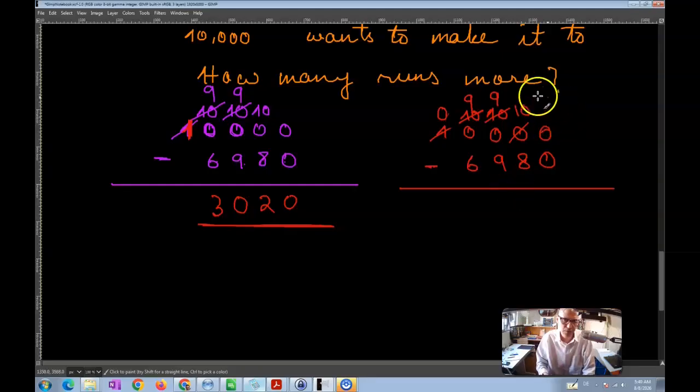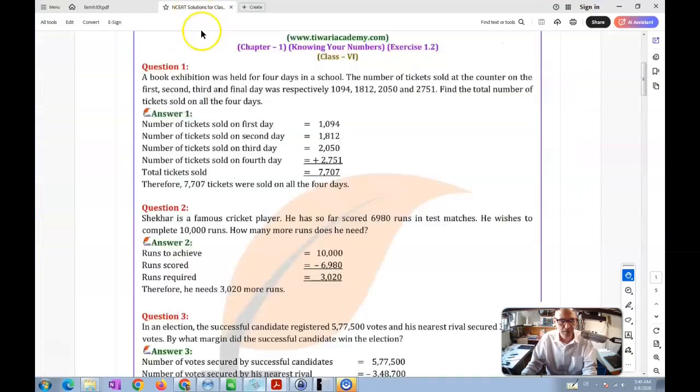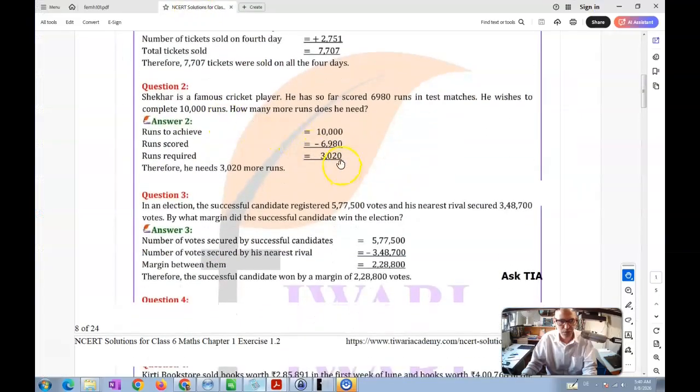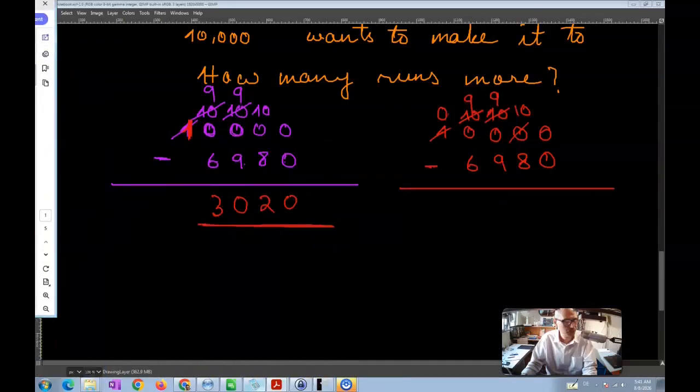And to understand all of those things, you need to understand these basic things that we have over here. Okay, and so the answer is 3020, and the 3020 is right over here in question number 2. Okay.